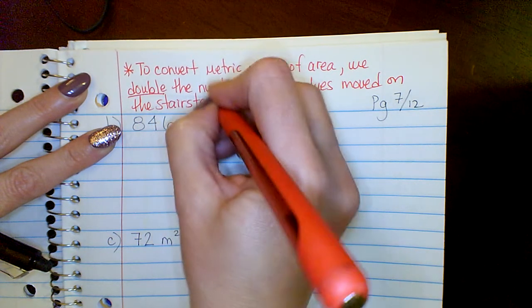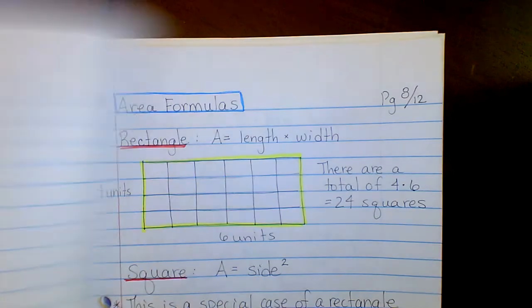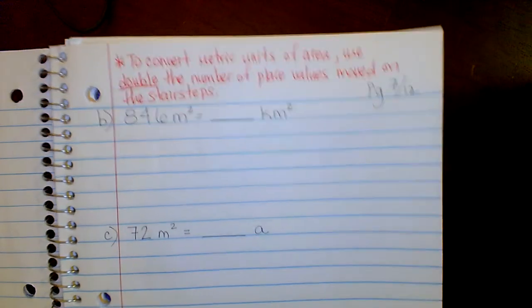I don't know why I didn't write this sooner. Feels like something I should have written. Watch, I have it written on the next page. No, I didn't. Okay, I just forgot.